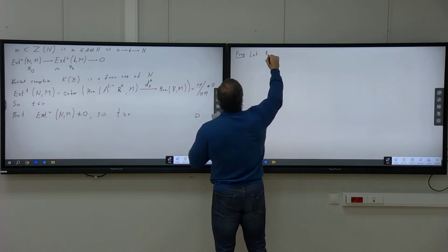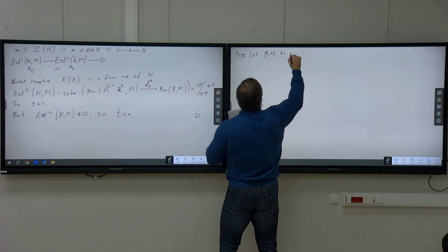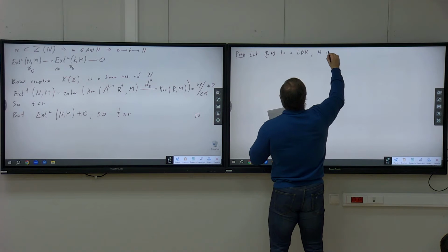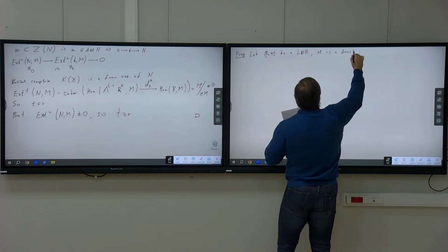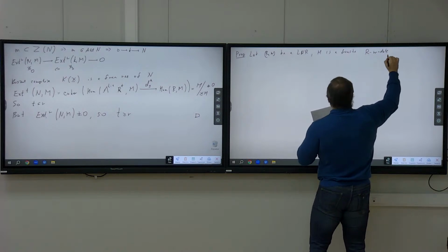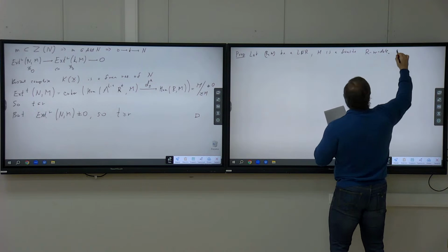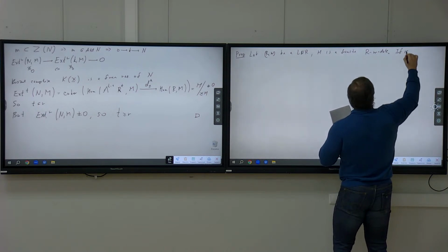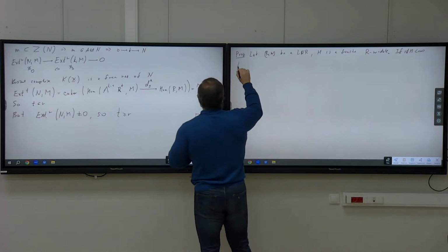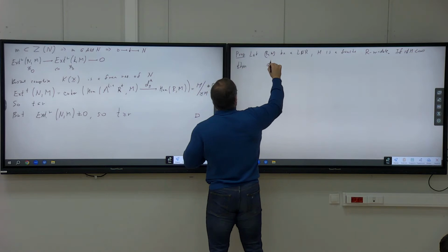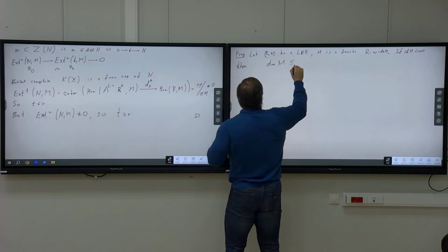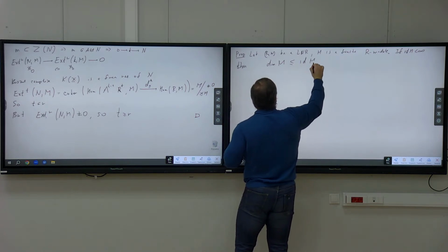So again, let (R, m) be a local Noetherian ring, M a finite R-module. If the injective dimension of M is finite, then we have an inequality: the dimension of M, meaning the dimension of the support, is less or equal than the injective dimension of M.